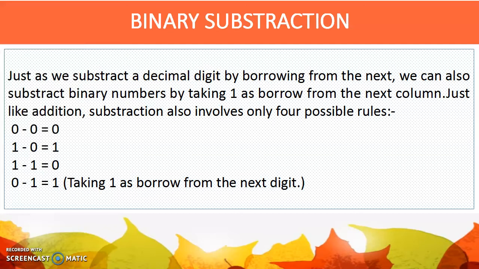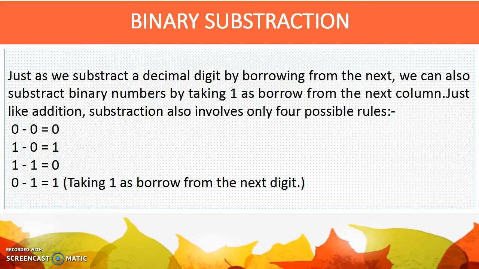Just like the addition, subtraction also involves 4 rules. Now these 4 rules are: when we subtract 0 from 0, the result will be 0. When we subtract 0 from 1, the result will be 1. When we subtract 1 minus 1, the result is 0. In the last, we have 1 subtracted from 0. Now we have a problem here. The problem is 0 is smaller than 1.